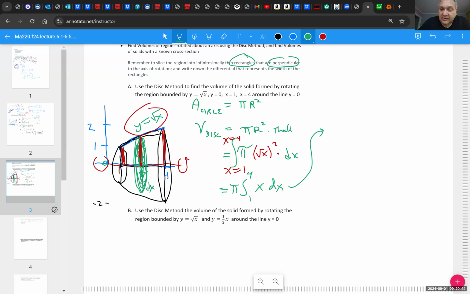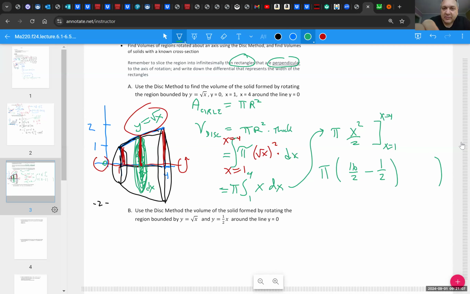I do my antiderivative. The antiderivative of x is just x squared over 2. And then I get my x equals 1 to x equals 4. And so I got a pi times a bunch of stuff. I got to plug in the 4, which is 16 over 2. I got to plug in the 1, which is 1 over 2.